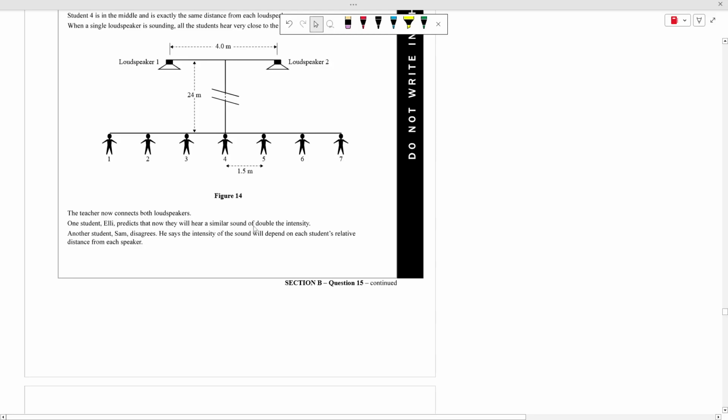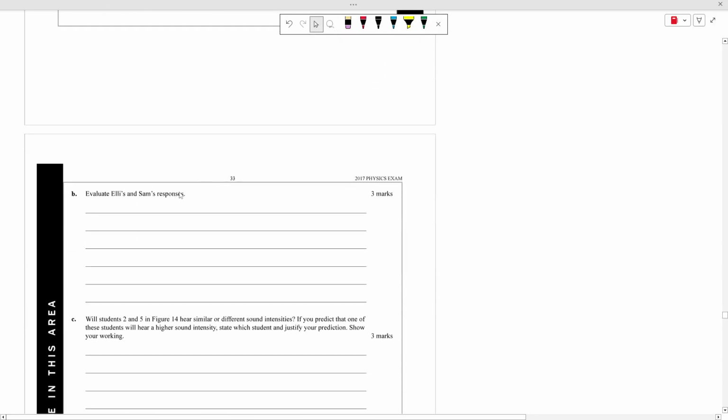Ellie is wrong because if you happen to stand on a nodal line, then you will hear a quieter sound than someone who may be standing on an antinodal line. Okay, so that's the evaluation of their responses. I'm not going to write it down again. I'll just say refer to examiner's report. And let's have a quick read.